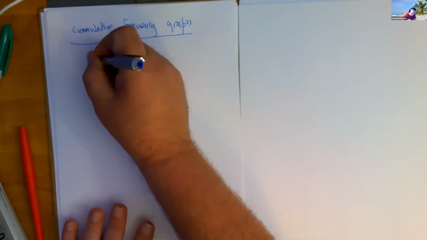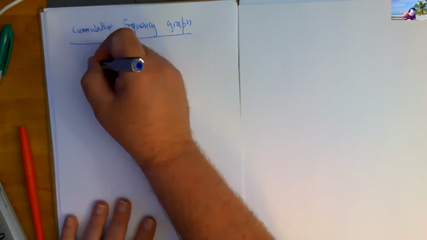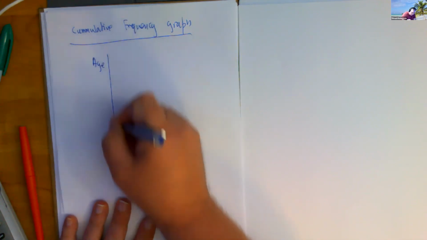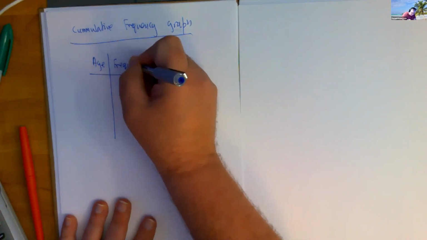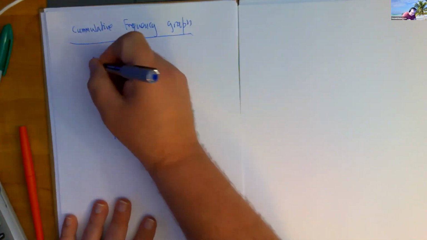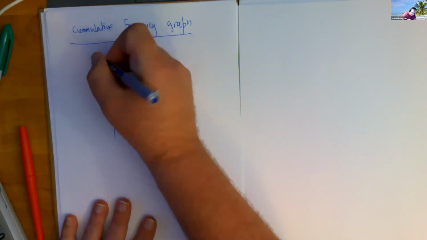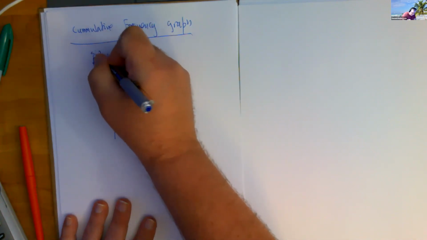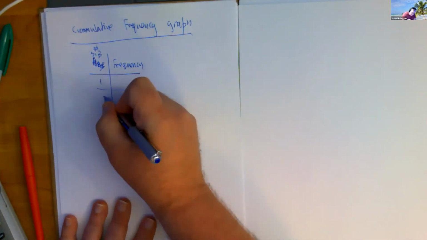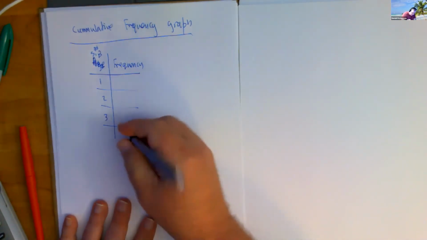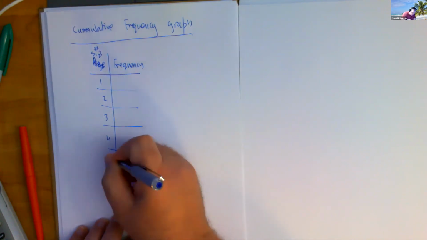So let's have age and frequency. Probably age is a bad choice. Number of siblings, let's do that one. Number of siblings and frequency. So there's 1, there's 2, there's 3, there's 4, there's 5.